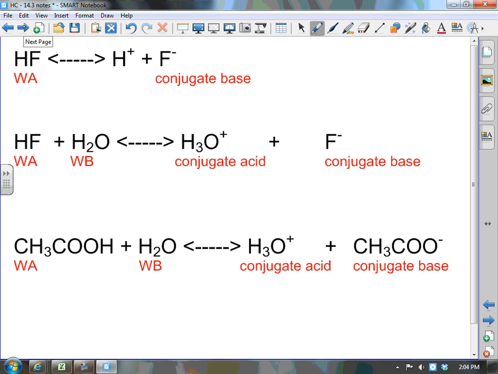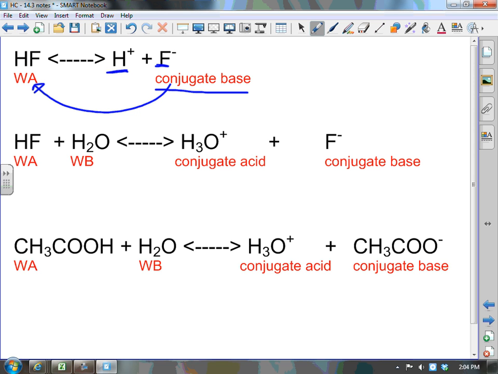If we have HF, which is what we call a weak acid, and it breaks apart, it would break apart into hydrogen ions and fluoride ions. That fluoride ion is a conjugate base. It's the leftover piece of a weak acid, therefore it has base properties.